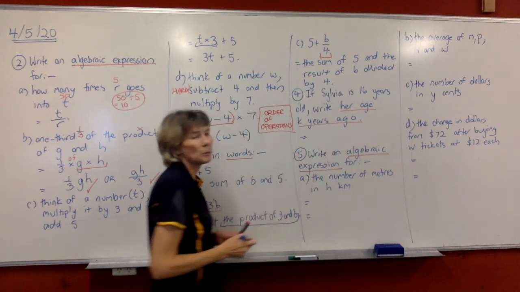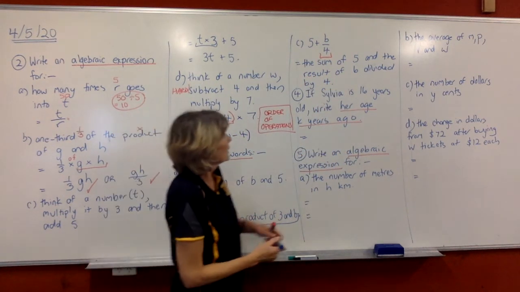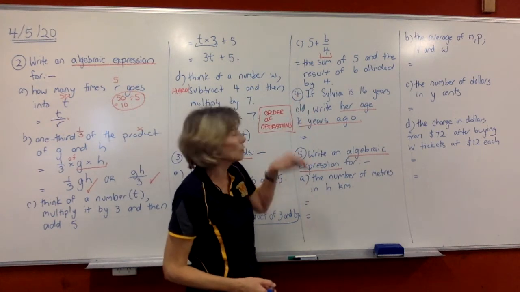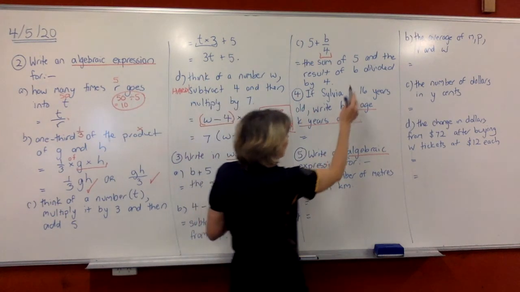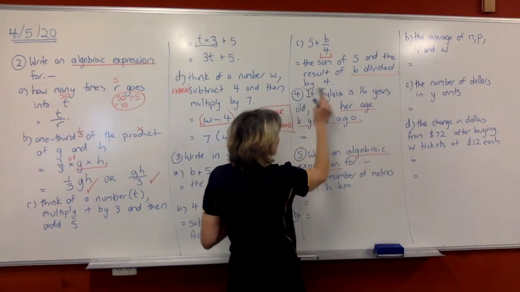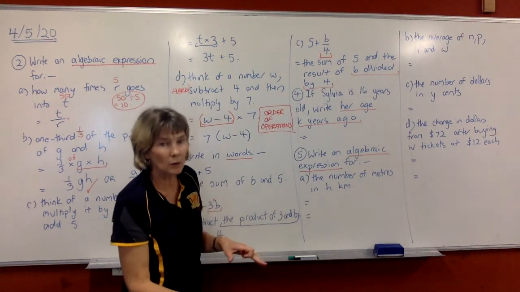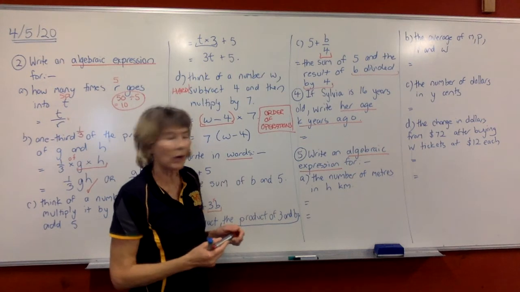Could use the word quotient, but I've just decided to do it differently here. So I've got the sum of 5 and the result of B divided by 4. That means that we're actually working out the B divided by 4 bit first, getting the result of that, and then summing it with the 5.